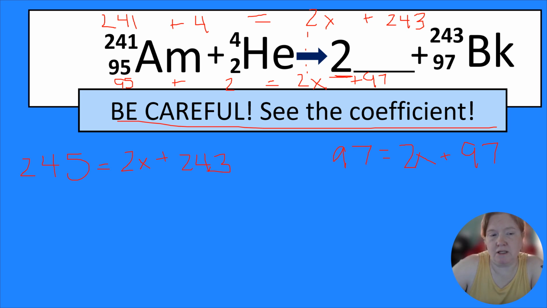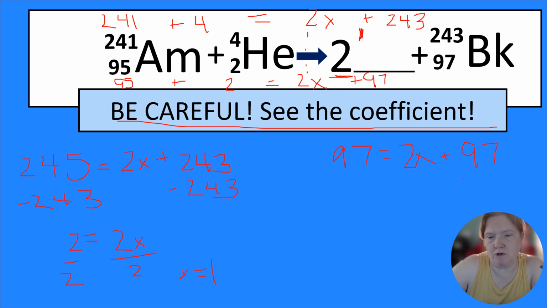Okay, so let's do the top one first. I'm going to subtract 243 from both sides, right? And I'm going to get 2 equals 2x, right? Divide by 2. X equals 1. So the top number is 1, right?